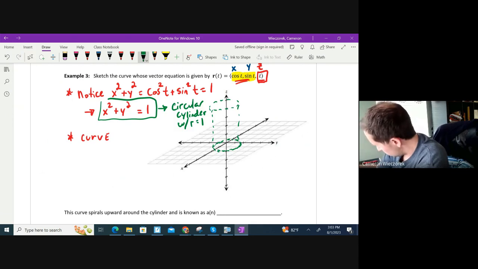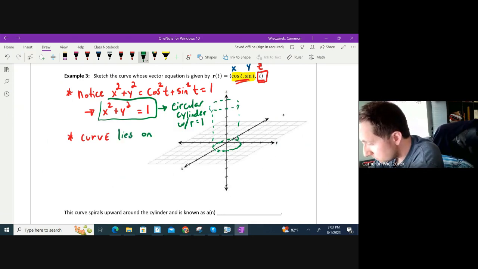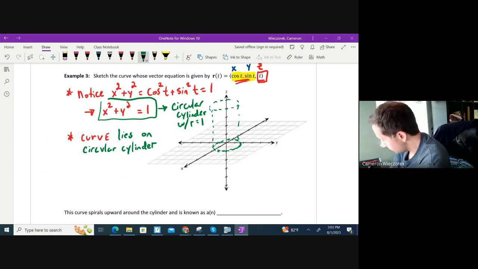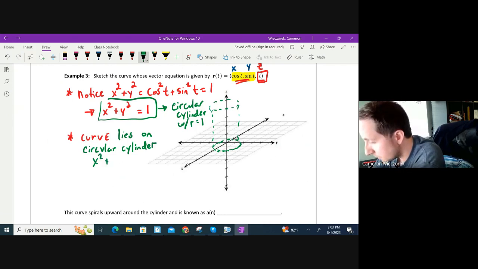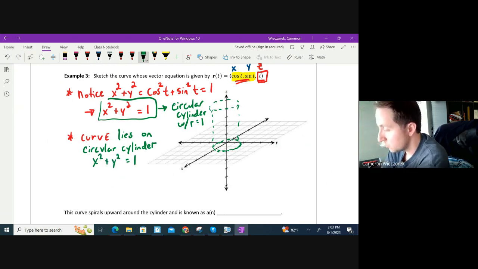And so this curve lies on that circular cylinder. And we'll make a table so we can see where the points are going to lie. It lies on the circular cylinder, x squared plus y squared is equal to 1. So let's make a table and see where it goes. I'm going to make the table off to the right here.